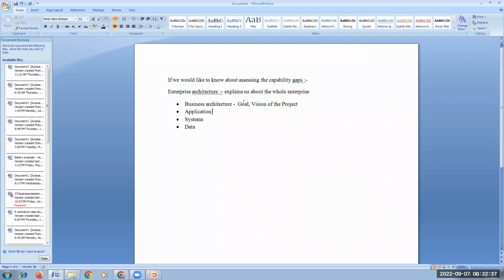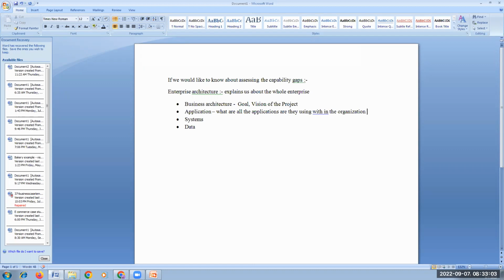Second, application architecture. Application architecture means what are all the applications they are using within the organization.